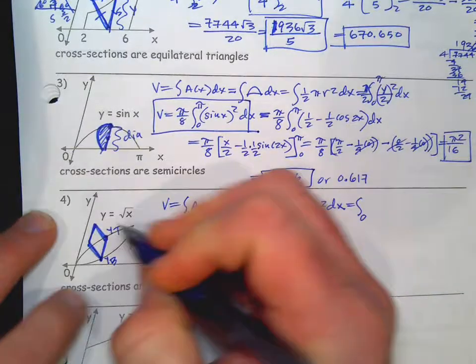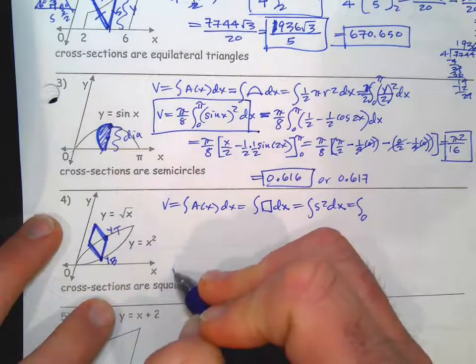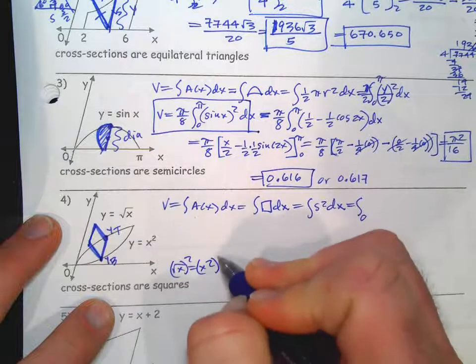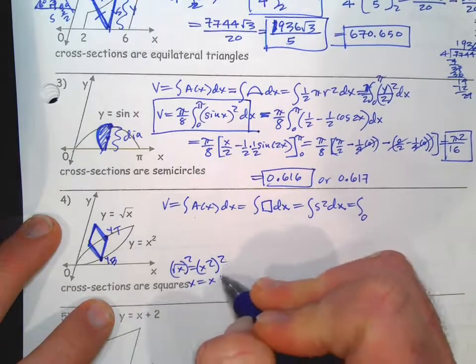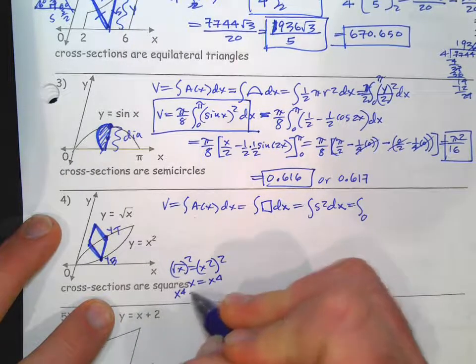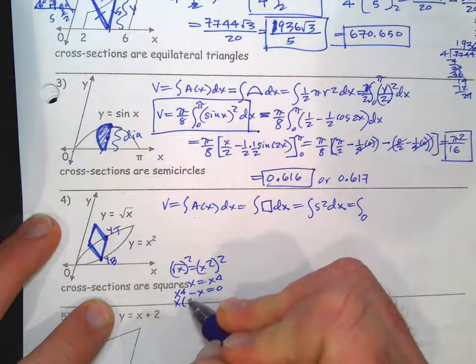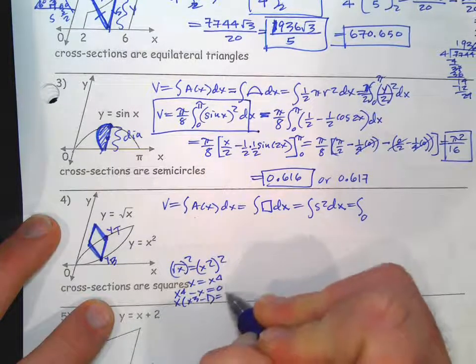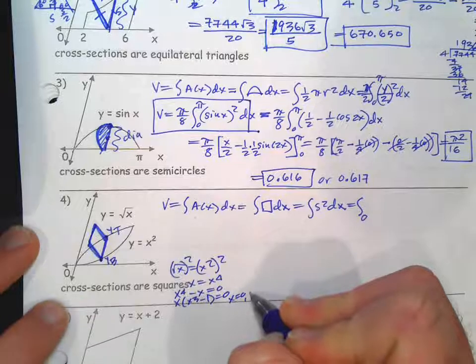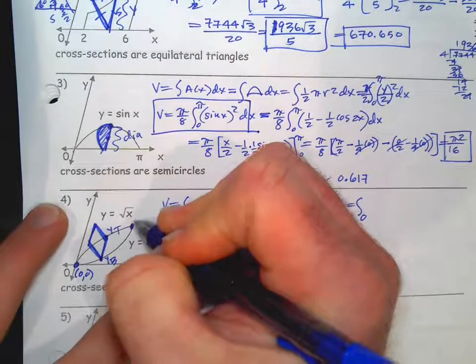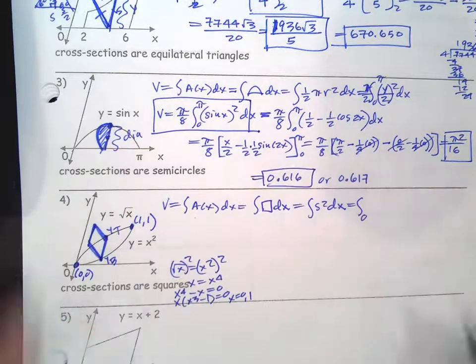We also need to find the intersection of these. Move everything to one side, equal to 0, factor it, and we get x equals 0 and 1. So this is x equals 0, the y is 0, and this is x equals 1, the y is 1.